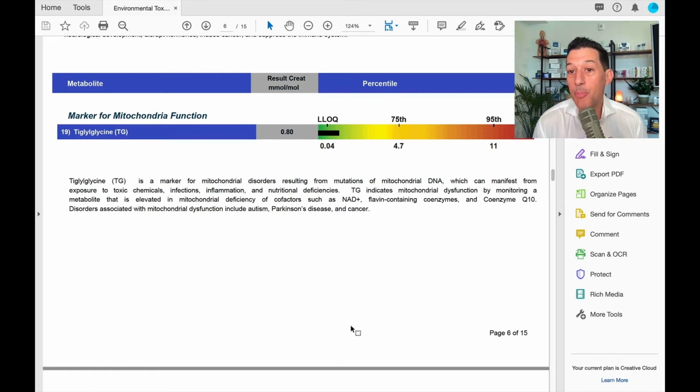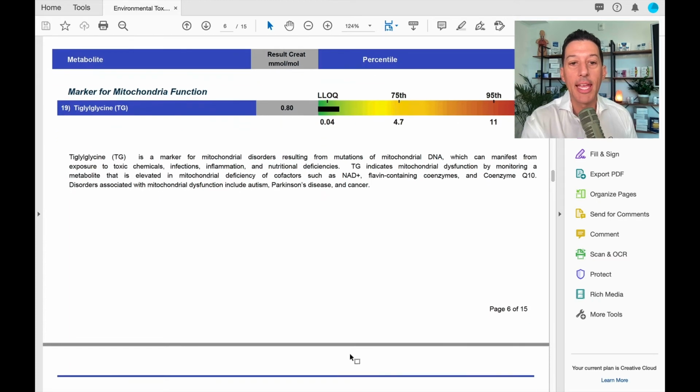So in many people, we might see a larger level of this, which could be potentially some type of mitochondrial dysfunction. So I'm a big fan. I always look right at this number 19 to see if there's a big mitochondrial dysfunction, which means lower energy production, higher levels of inflammation if your mitochondria aren't working well, and higher likelihood of Alzheimer's, Parkinson's, maybe even autism as well, and cancer.